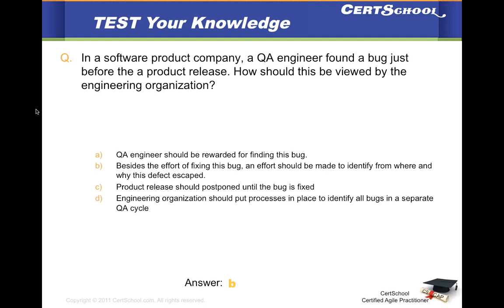There's no separate QA cycle. Everything is in the story life cycle. You do development, you do designing, you do testing, you do review, you do everything in that story's life cycle. There's no separate QA cycle or performance cycle. So the correct answer here is B.